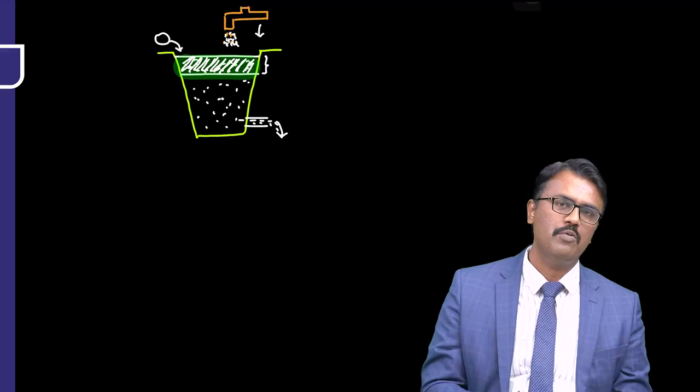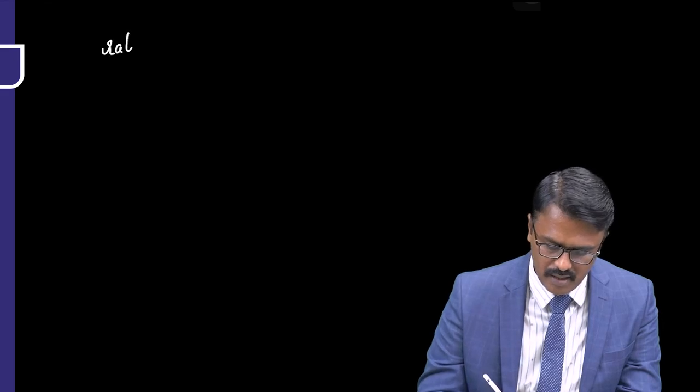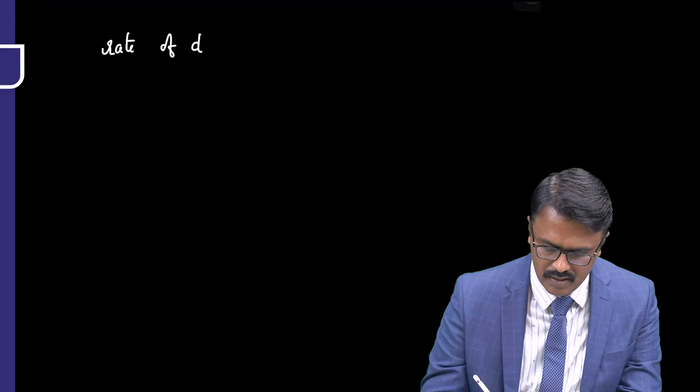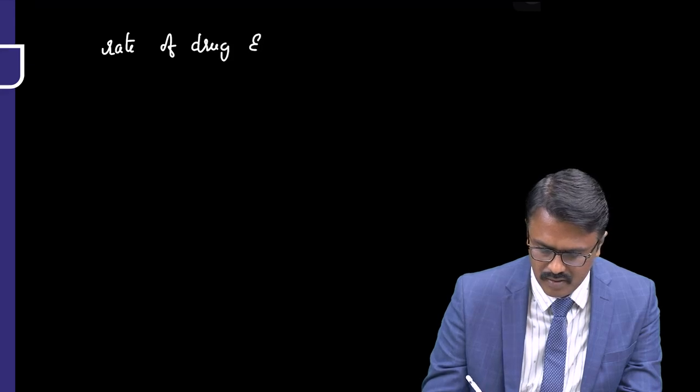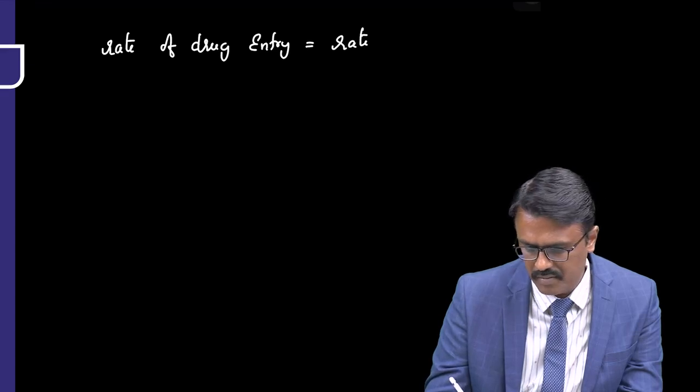Now the same thing we have to do for the drug. So what is steady state? Steady state is nothing but rate of drug entry should be equal to rate of drug exit.